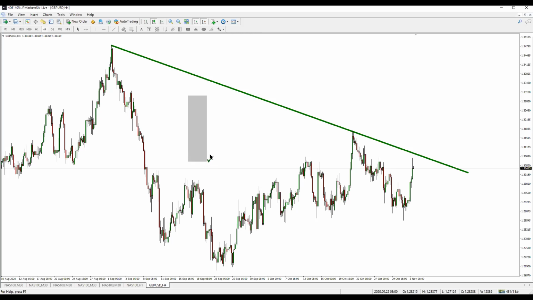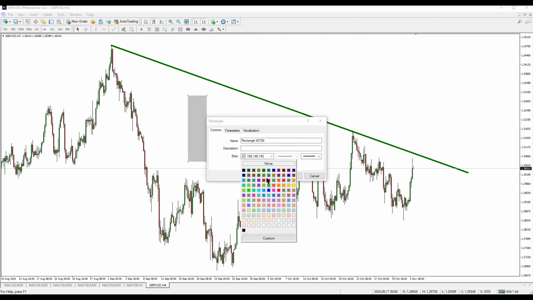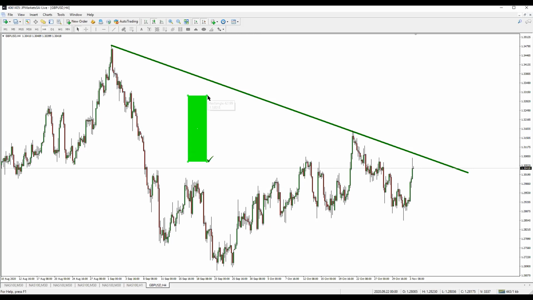Let's say this is a red candlestick, going down, a sell. Okay, let's make it a buy. If this is a candlestick that's going up and it's a buy, this is where the candle opened, and this is where the candle closed, where the green stops.